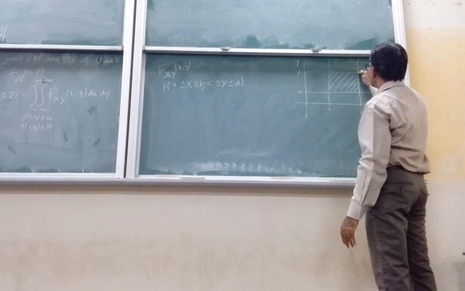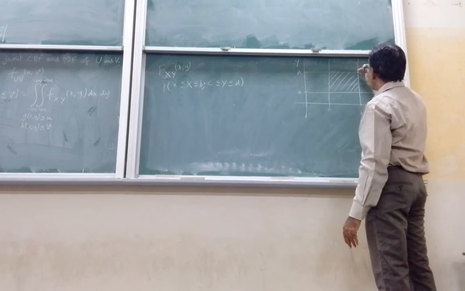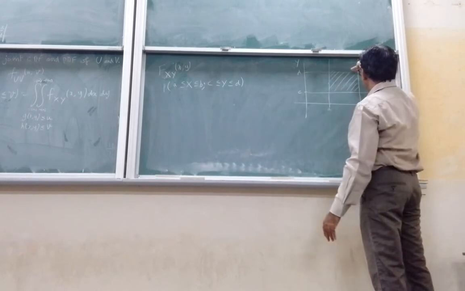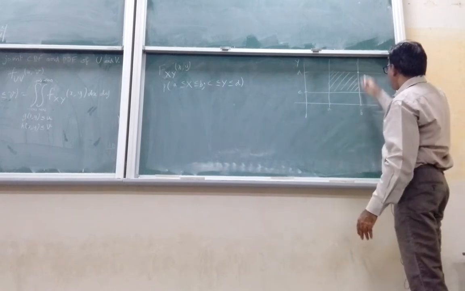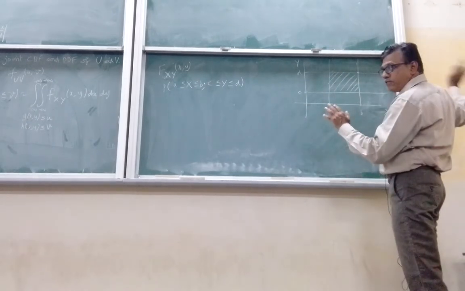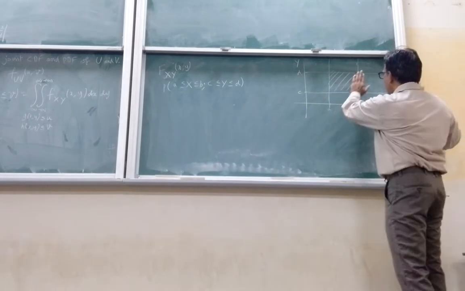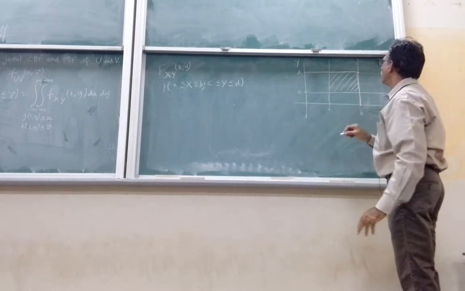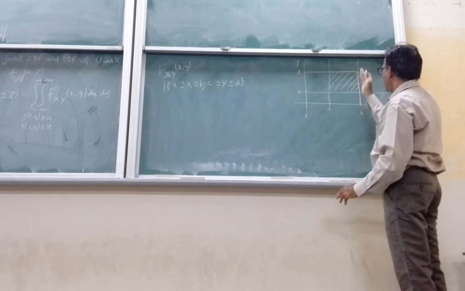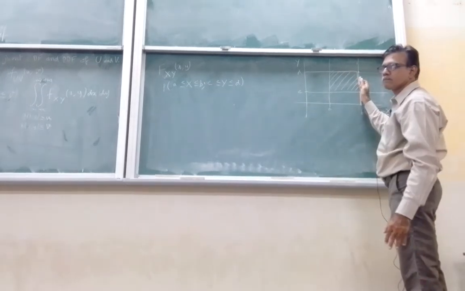What is this? Everything below this line and everything to the left of this line.